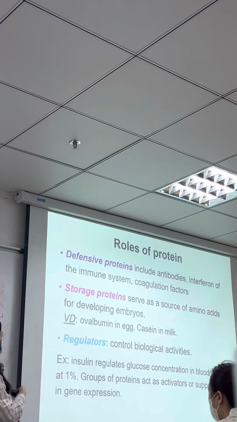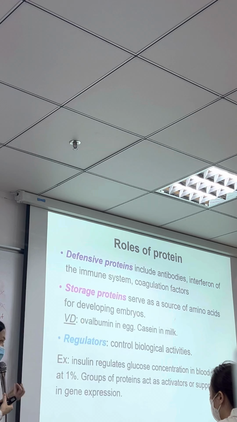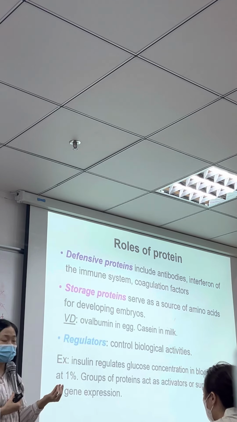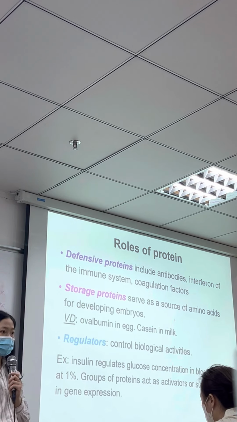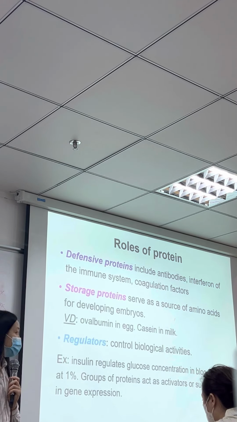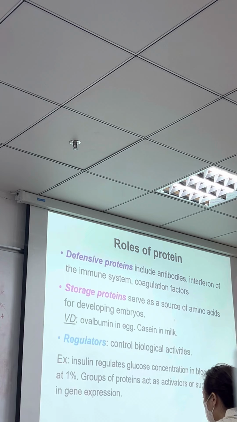And protein can be a hormone. We have some protein hormones such as insulin to control the biological activity of our body. Insulin is a type of peptide protein hormone.